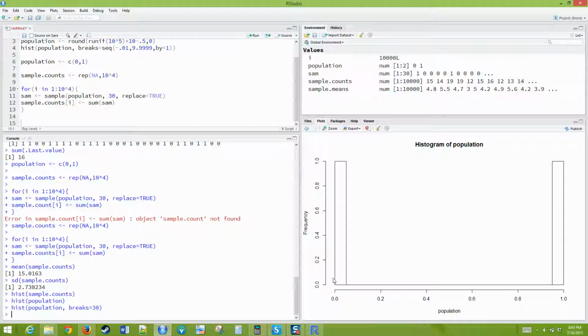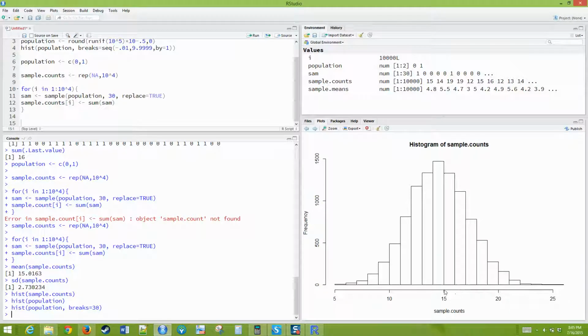But it's much more likely for me to draw the 1 about 15 times and the 0 about 15 times, or things like that. So with the binomial distribution, when n is large, and basically when n times p is greater than 10 or so, we get the normal distribution. And that's why we can use the normal distribution as an approximation to the binomial.